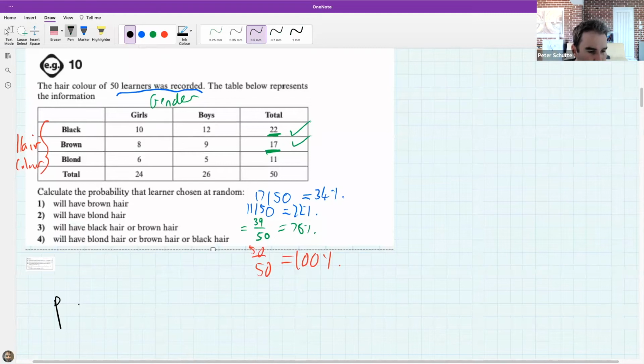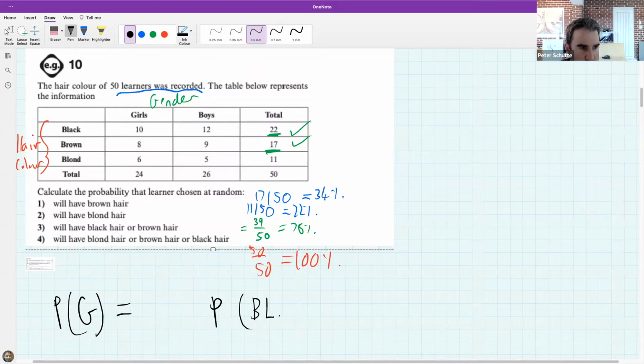You work out the probability of a randomly chosen person in this group being a girl. You could have chosen boy, it doesn't matter which one you choose as long as you're consistent. Then you work out the probability of someone having black hair.